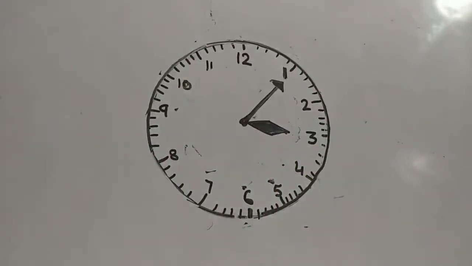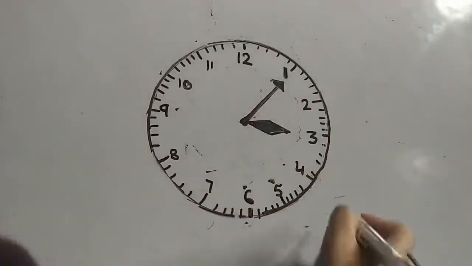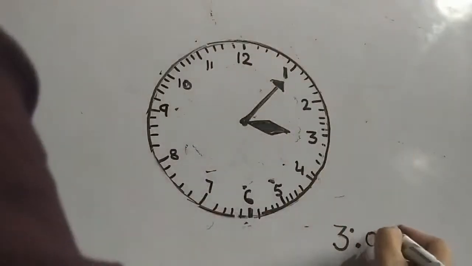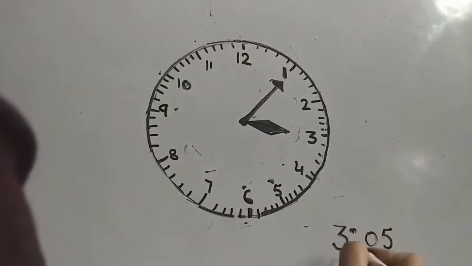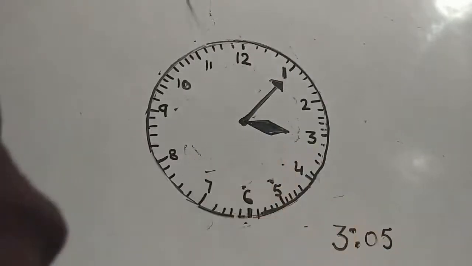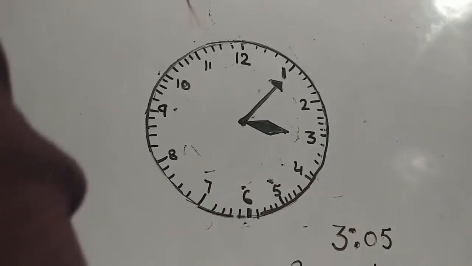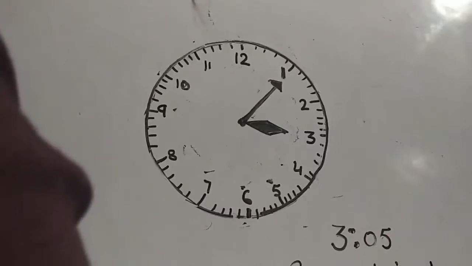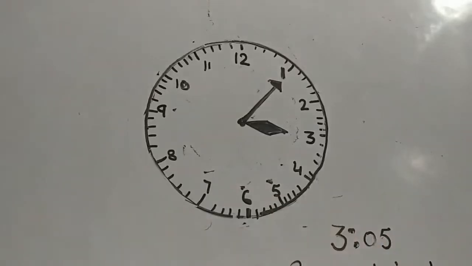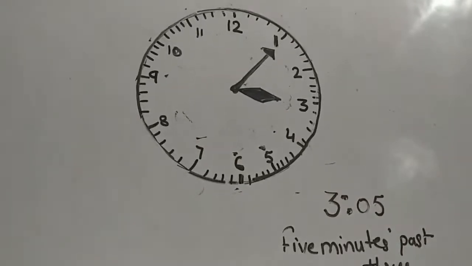Now in this situation, our hour hand is in 3, but the minute hand is in 1, so we will write 3 colon 05, 3 hours 5 minutes. It means 5 minutes past 3.